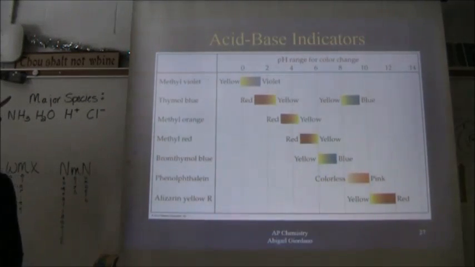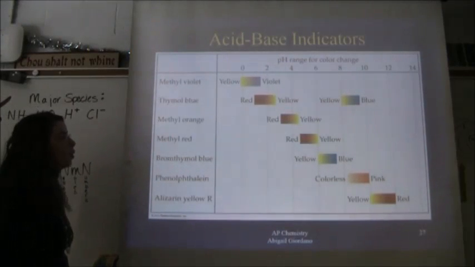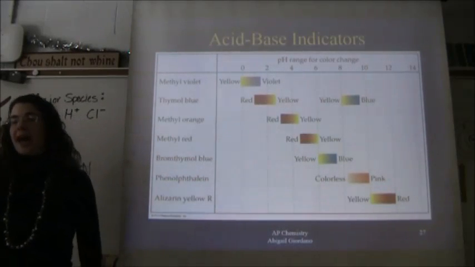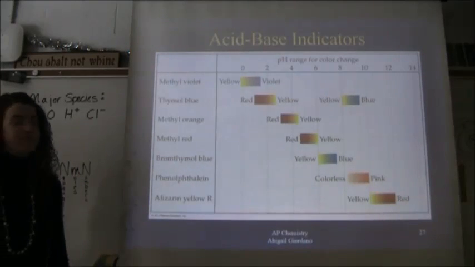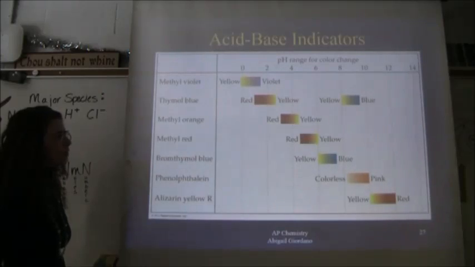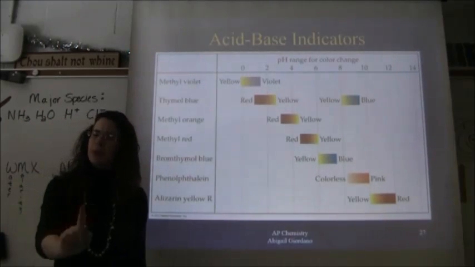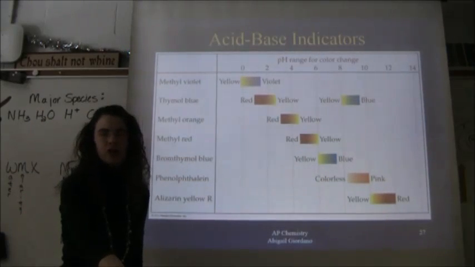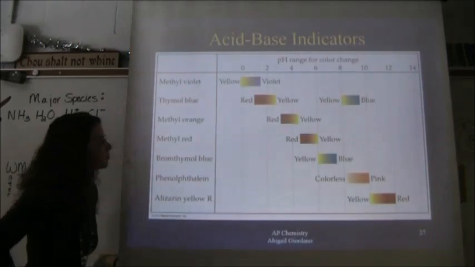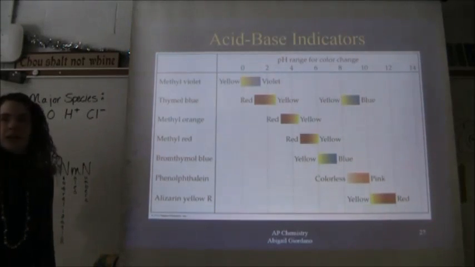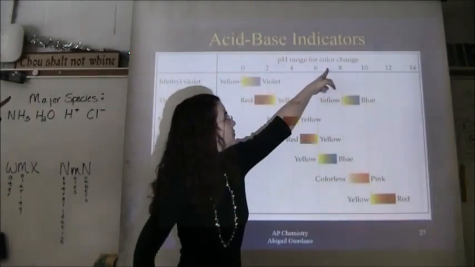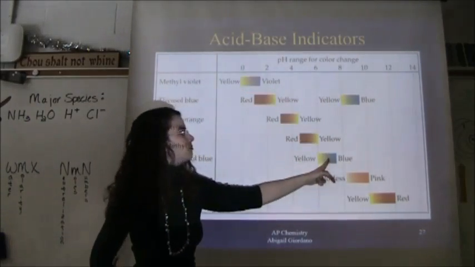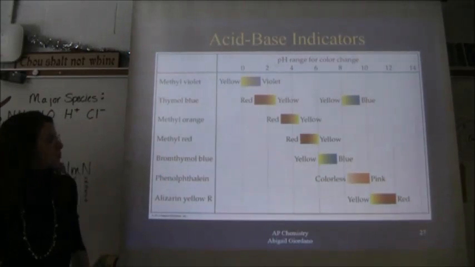Which indicator would be a good choice for a strong acid, strong base titration? Well, let's review that. What's the pH at equivalence for strong? 7. Which one of these would be a good choice? Yeah, bromthymol blue. Here's a pH of 7. That would be a good choice.